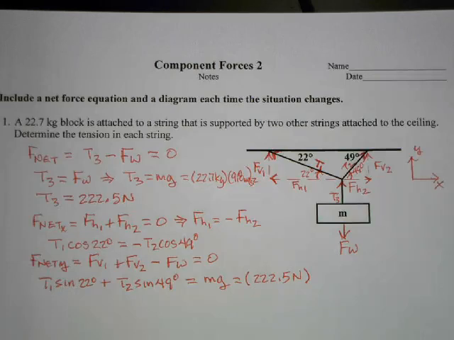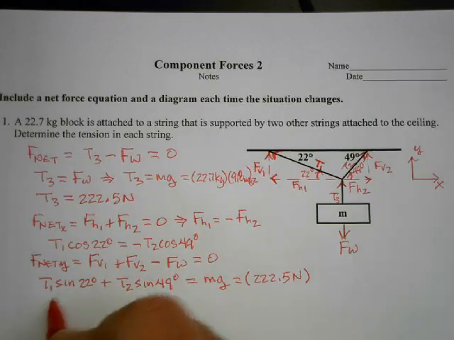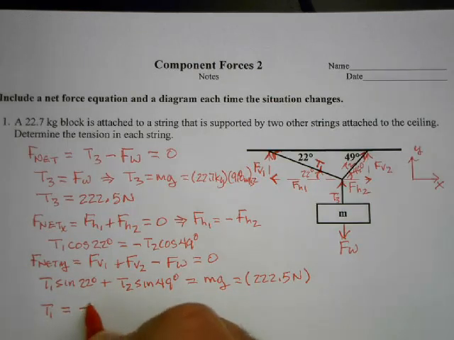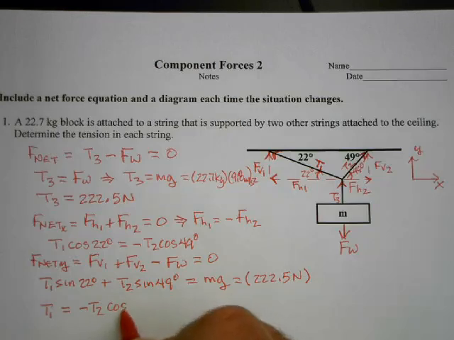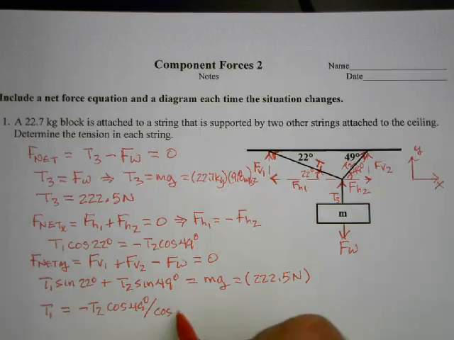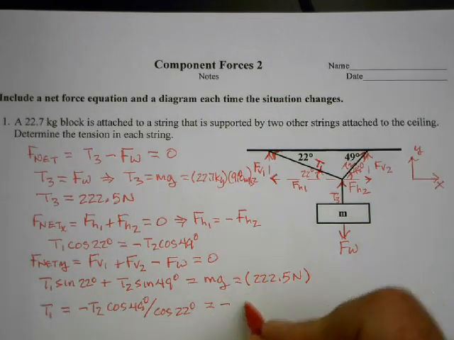For example, I can take this equation here and say T1 is going to equal negative T2 cosine of 49 degrees, all divided by the cosine of 22 degrees. That's going to give me basically negative 0.708 T2.